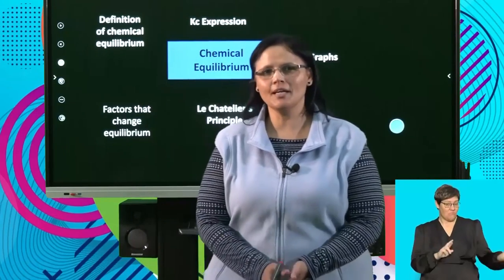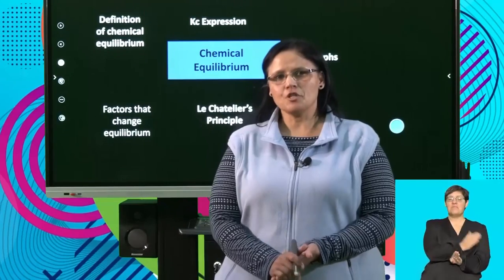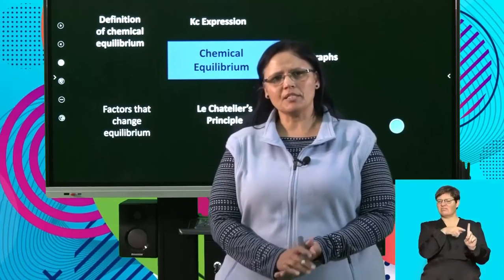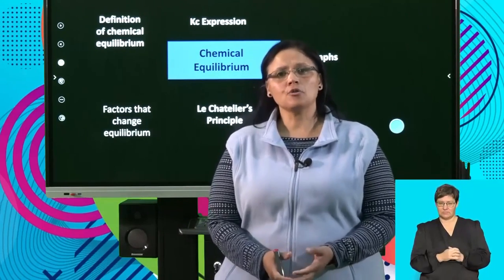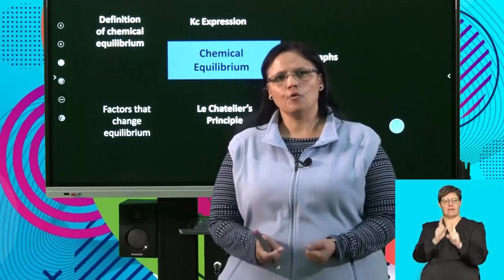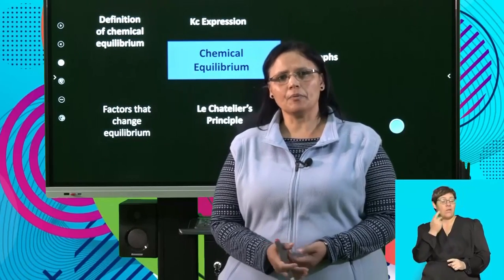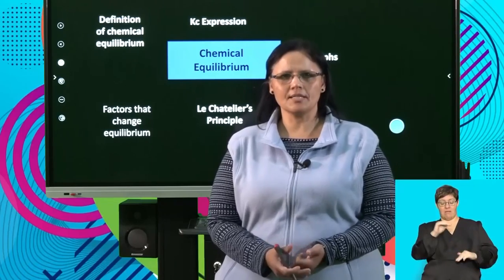I hope you're ready. In the previous session, we looked at Le Chatelier, what the principle says, and how to answer questions when we do chemical equilibrium and when the equilibrium is disturbed.